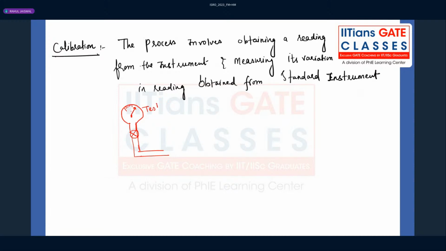This is a test gauge that we want to measure. It can be a diaphragm, it can be a Bourdon tube, anything it can be, right? And there is a chamber. I'm taking the chamber.